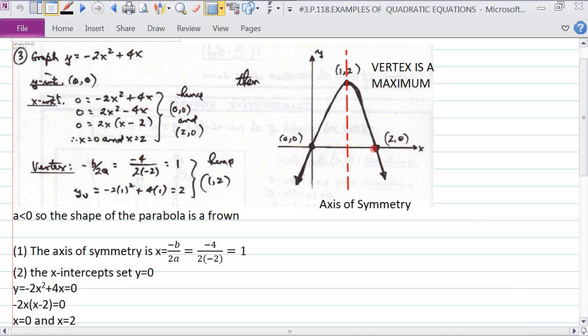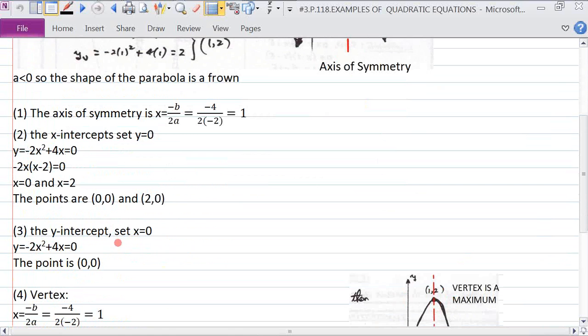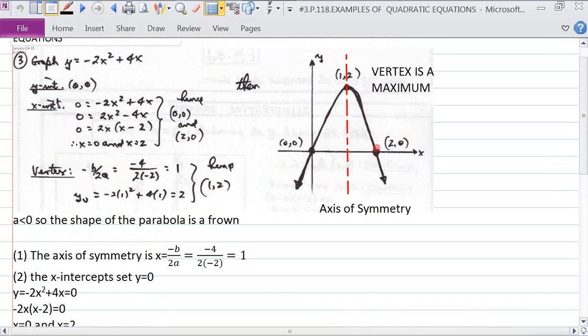Of course, along this line, y is equal to 0, which is why this is 0, and that's 0. Now, the y-intercept: we set x equal to 0, and when x is 0, y is equal to 0. So the y-intercept and one of the x-intercepts happen to be the same.